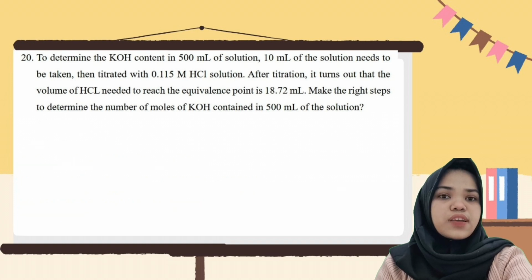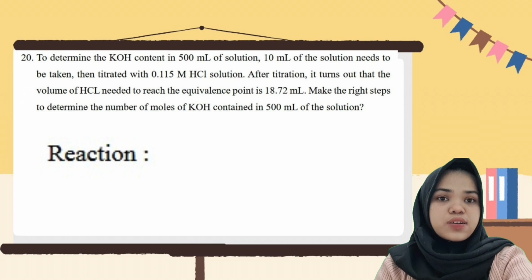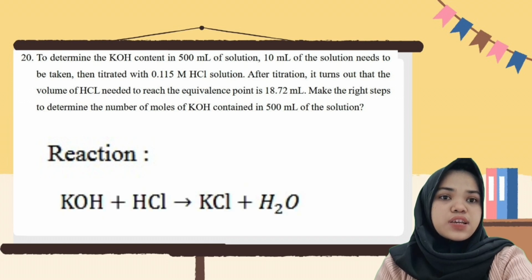The reaction that occurs: potassium hydroxide (KOH) reacts with hydrochloric acid HCl to form potassium chloride KCl and water H2O. Reaction equation: KOH plus HCl produces KCl and H2O.